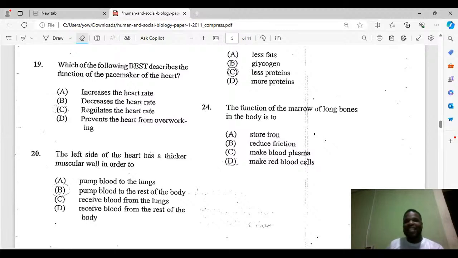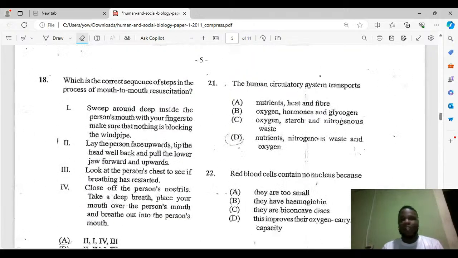So the left side is thicker to pump blood to the rest of the body. I'm not seeing anything but B. So B is the answer. That's pretty straightforward. So we move on now to question 21.